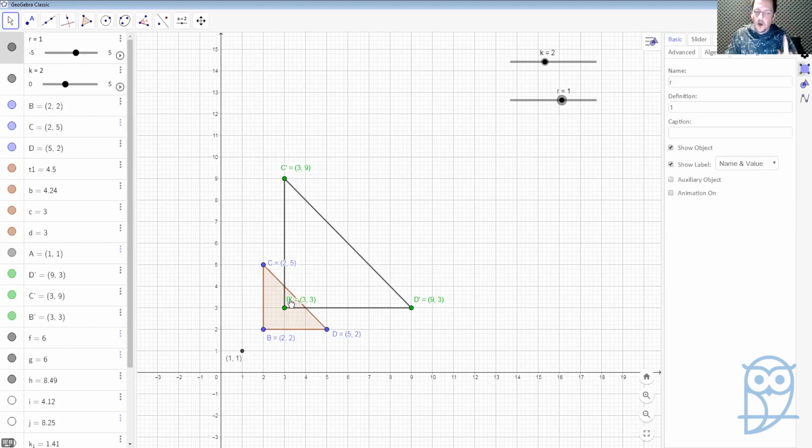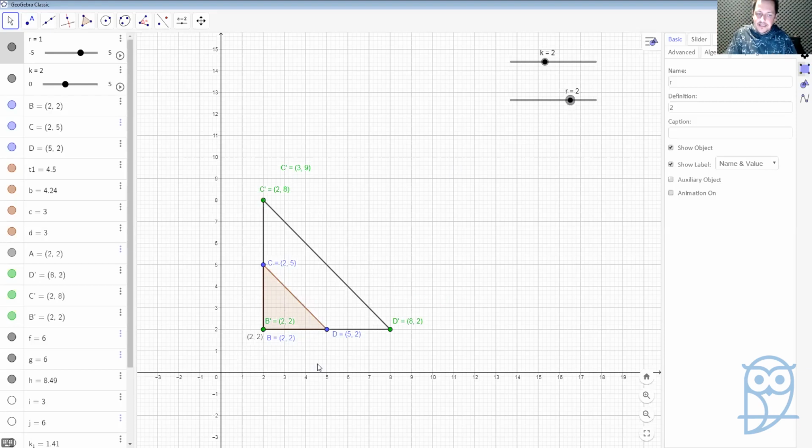The definition was that it's the distance from my center of enlargement, which initially sat on B, and I said it was the side length, because it is, from the center of enlargement to a vertex. That needs to be consistent. So if your factor is doubled, it needs to be the distance from center of enlargement to a vertex doubled.